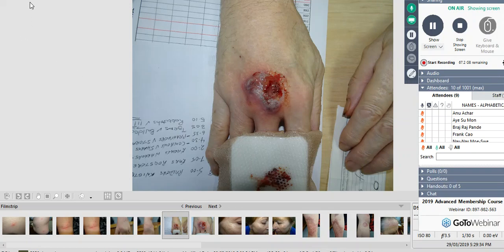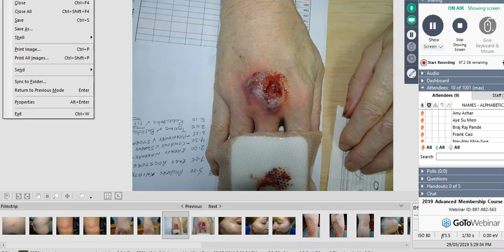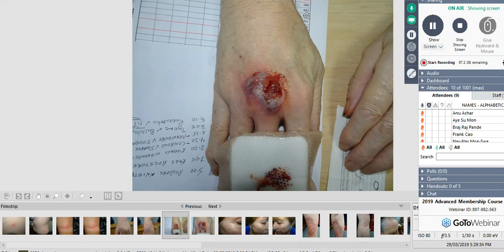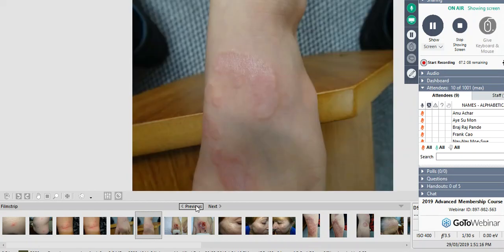Now, I'm not sure if I can show you the other cases. Apologies. This was just a little girl with granuloma annulare. That's typical granuloma annulare on the back of the foot. She's only aged 9, and she had that.